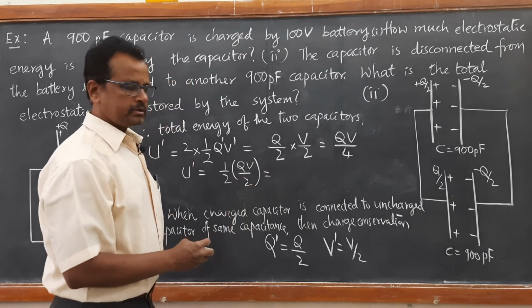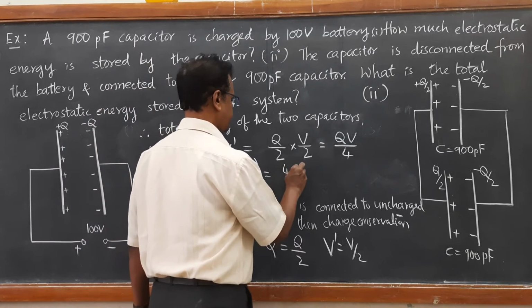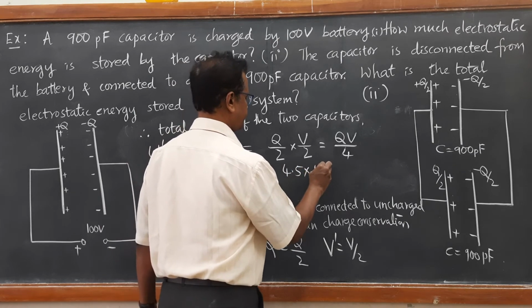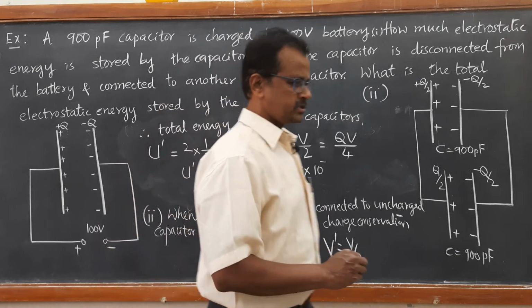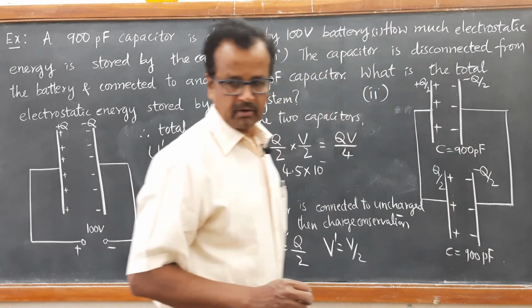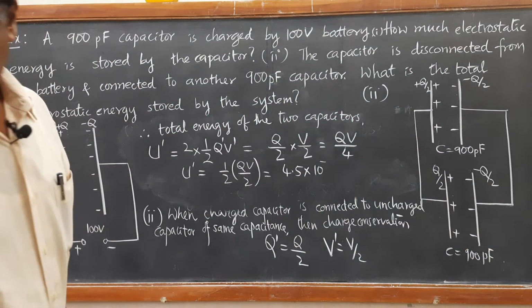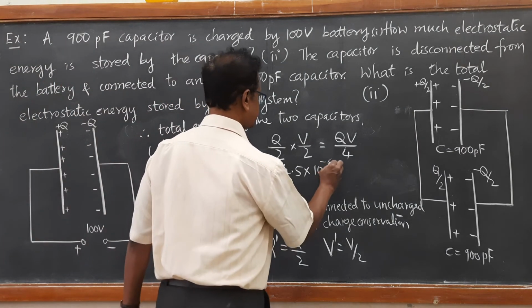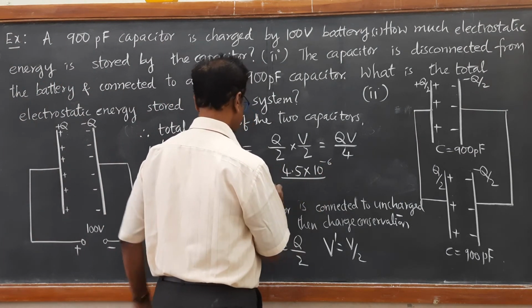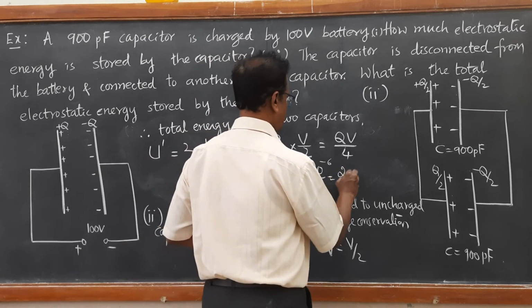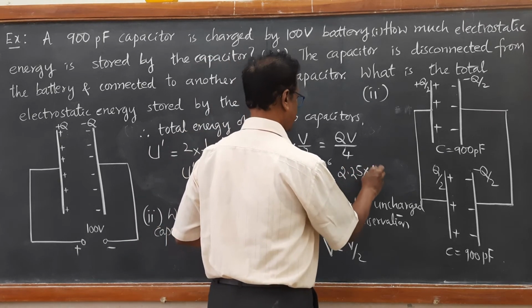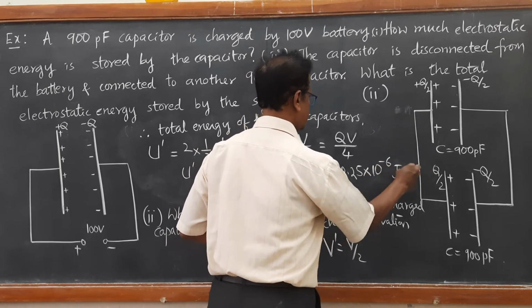QV by 2 we already got as 4.5 into 10 to the power of minus 6 joules, divided by 2. So it becomes 2.25 into 10 to the power of minus 6 joules.